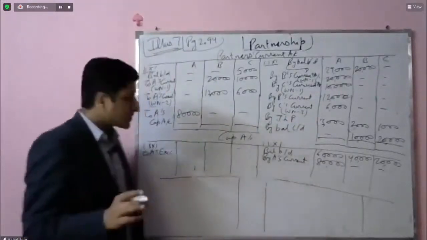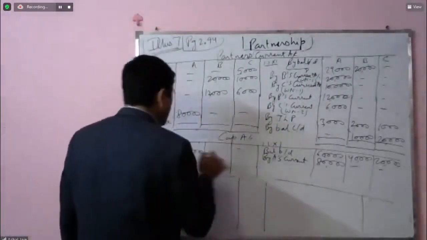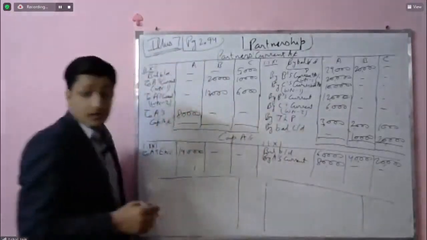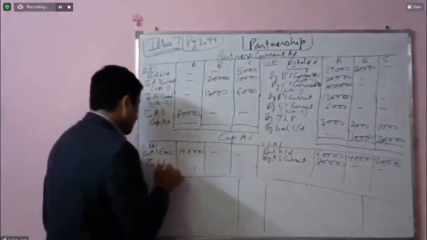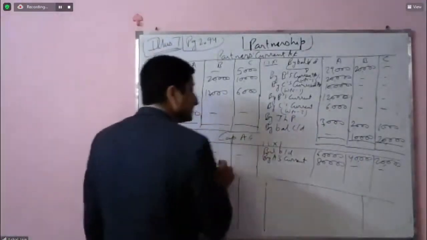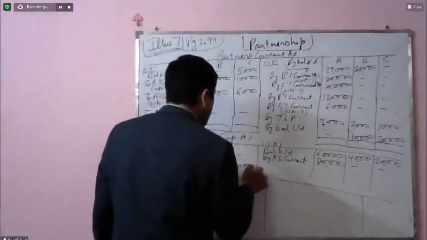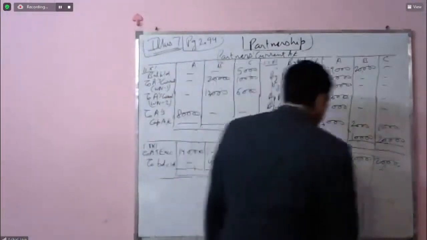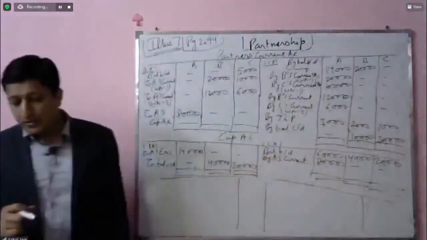Sorry, this is because of the space constraint. 1,40,000. This becomes nil and this becomes nil. Yeah, the balances of the other partners will continue. To balance carried down, this will be 40,000 and this will be 20,000. So on this particular day, we can close the capital accounts of the partner.